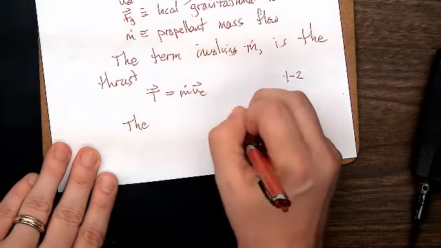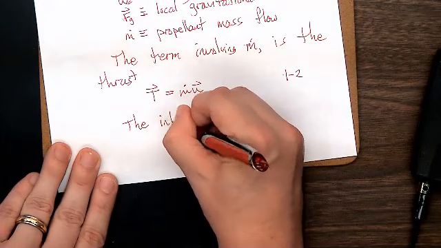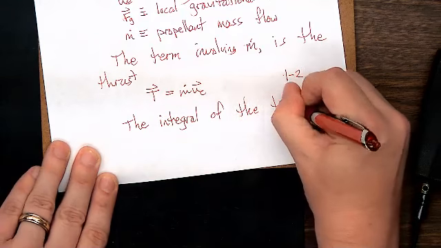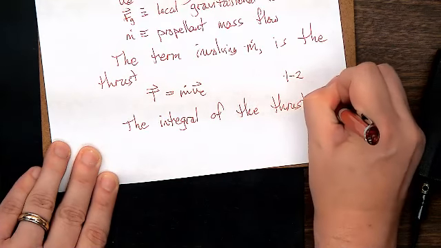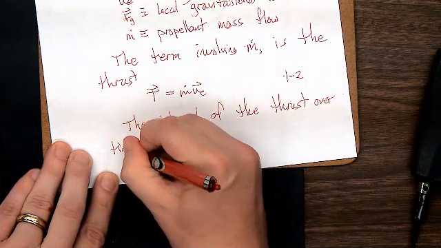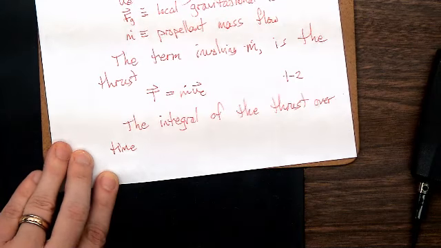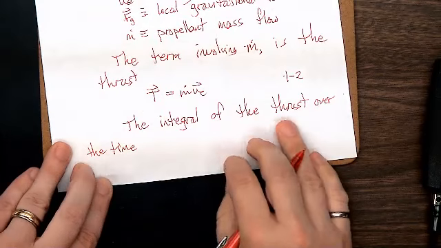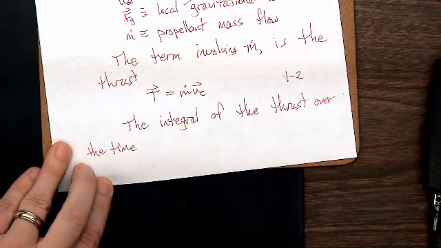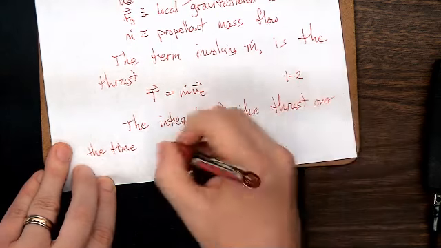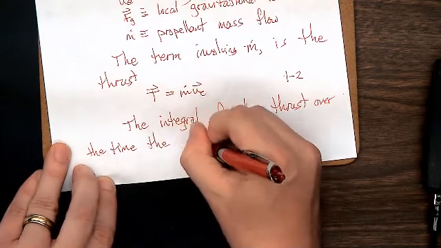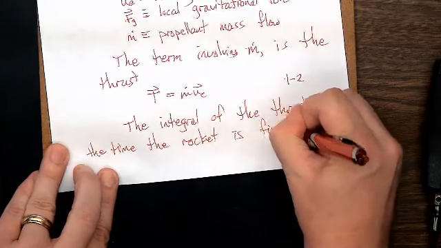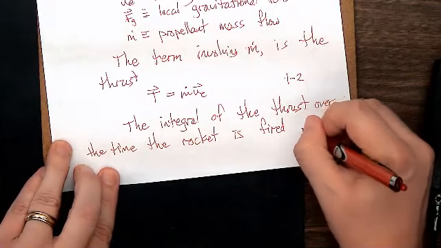The integral of the thrust over the time the rocket is running or fired is the impulse.